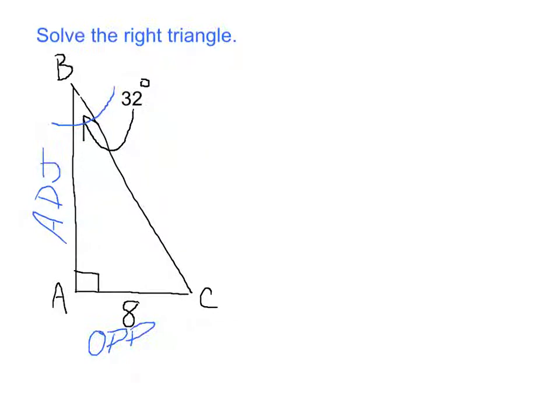So I'm going to write down the tangent of my reference angle, in this case 32, equal to my ratio, which is opposite over adjacent. So that would be 8 is my opposite leg, and the adjacent leg I don't know, so I'm going to put an X there. Now I have to solve for X.